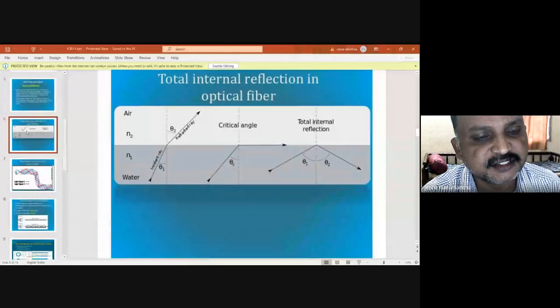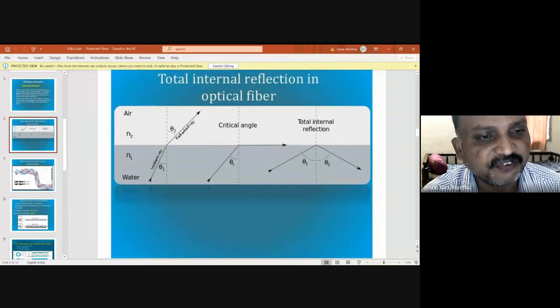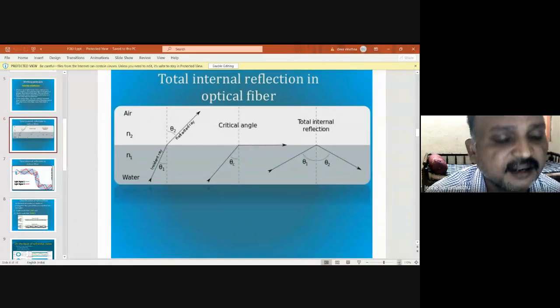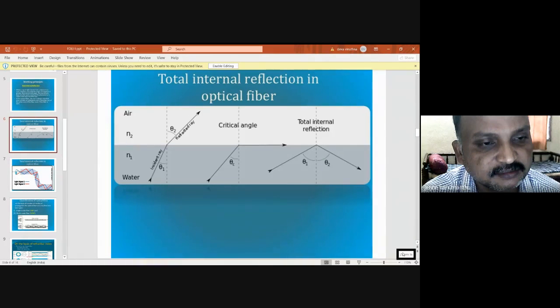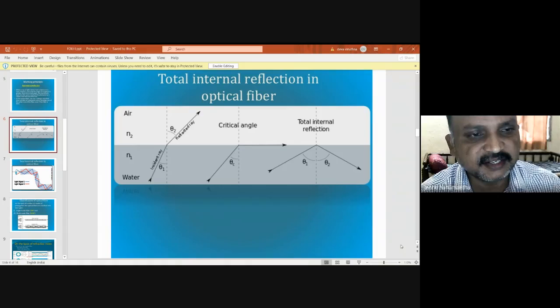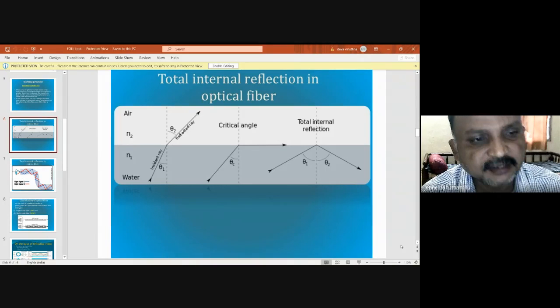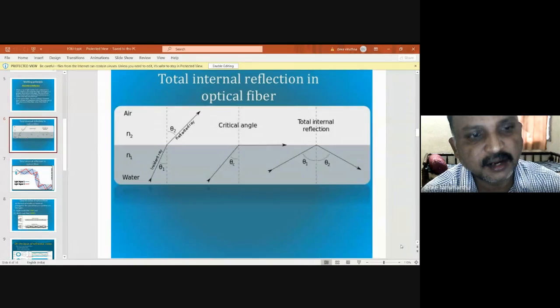Refractive index is the ratio of velocity of light in air divided by velocity of light in the matter. Matter means core or clad. So this is the definition of refractive index.